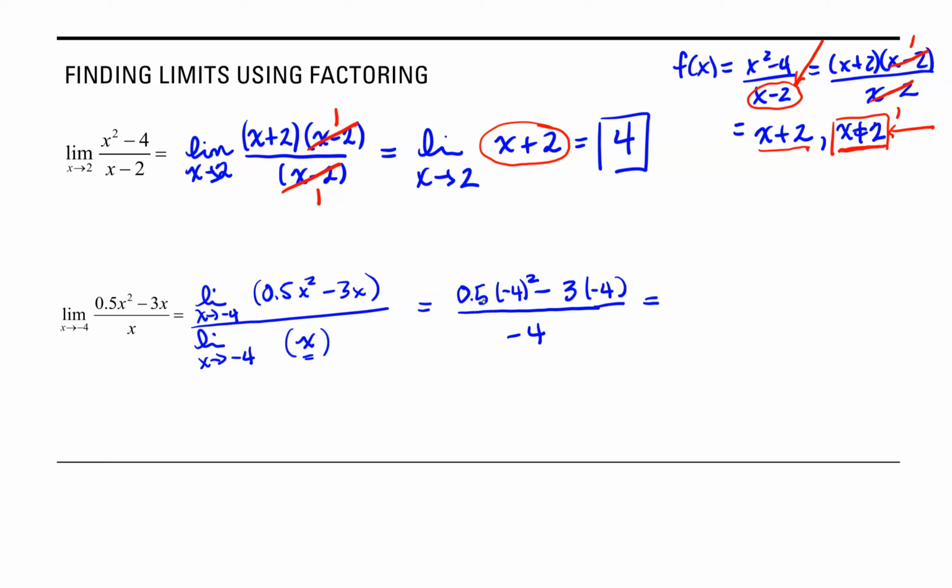Now, simplifying our numerator, negative 4 squared is 16 times a half is 8. Minus 3 times negative 4 is plus 12, divided by negative 4. So we would get 20 over negative 4 equals negative 5.